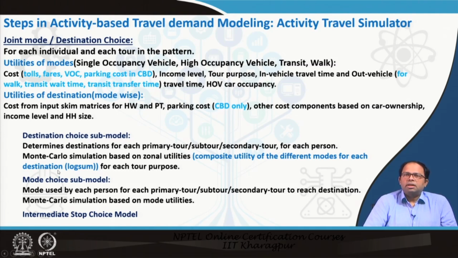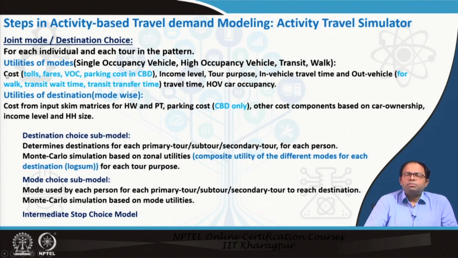Again, we have discussed this kind of models earlier. For the utilities of each of these mode choice models, for each individual and each tour pattern, different modes are considered, such as single occupancy vehicle, high occupancy vehicle, transit, walk.